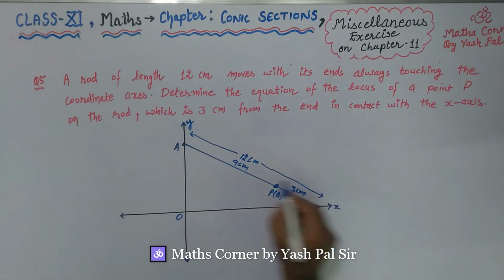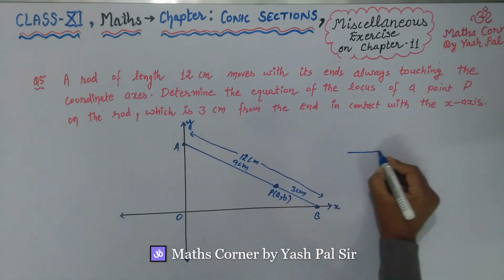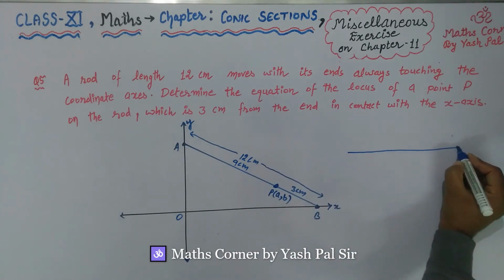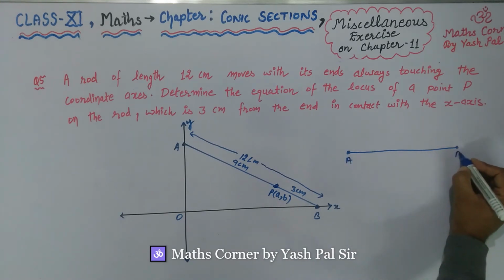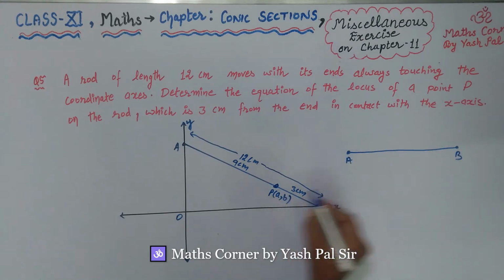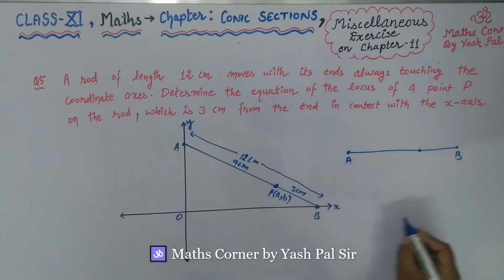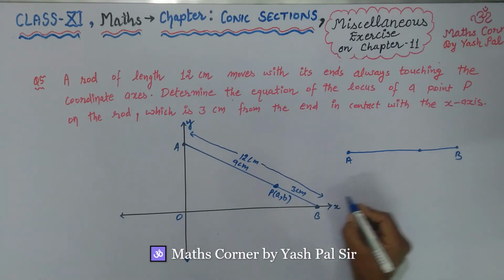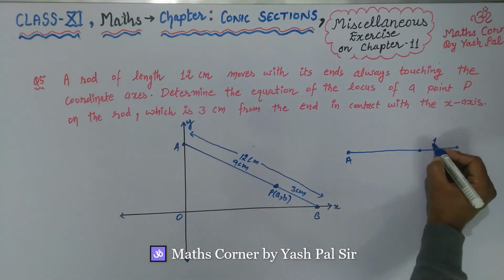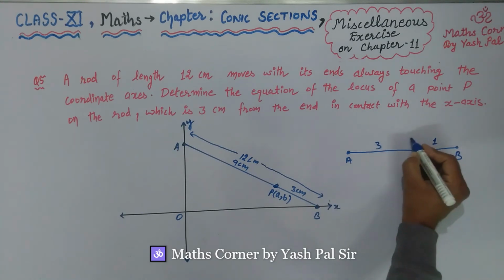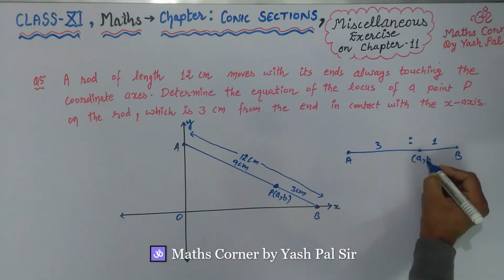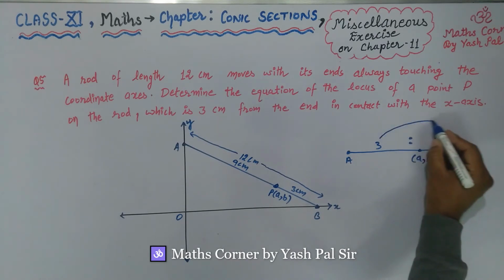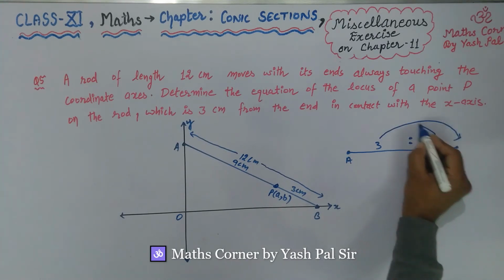Okay, so we can see here that if we have the line this way, this is A and this is B point. From B to P, this is 3. 3 upon 9, we can say 1 and 3. This is the ratio, and this point we are assuming a comma b. Okay, so now we can use the section formula.